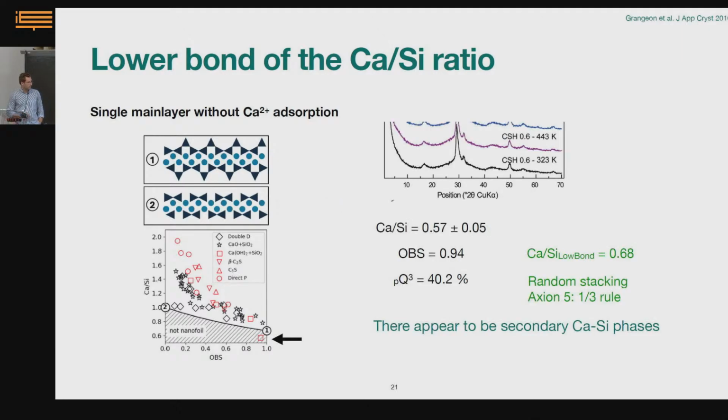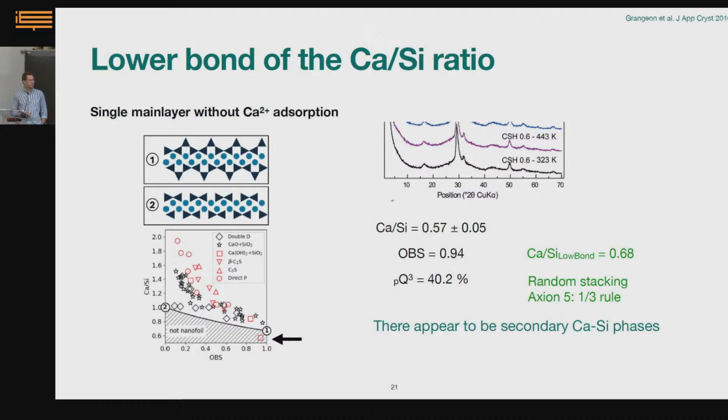Second, we have this point here, which should be a nanofoil. The reported PXRD in the Grangeon paper from 2016 says that it's a typical CSH nanofoil reflection, okay? But it's here. So it has a calcium-silicon ratio of 0.57.